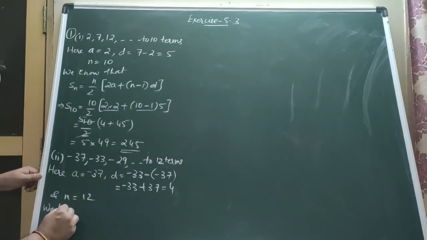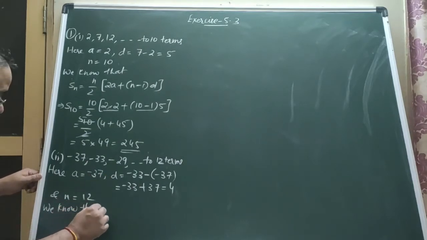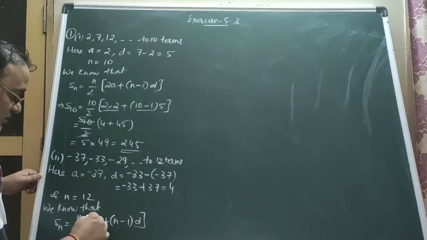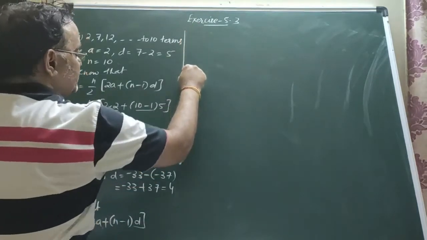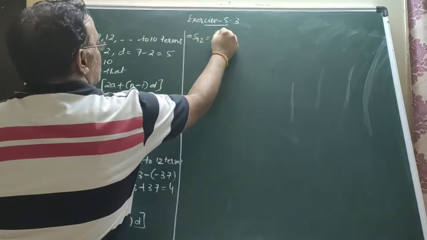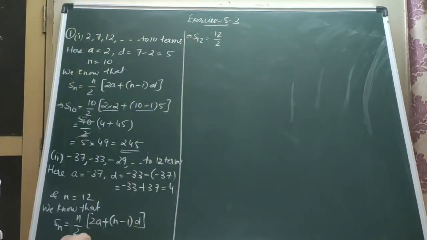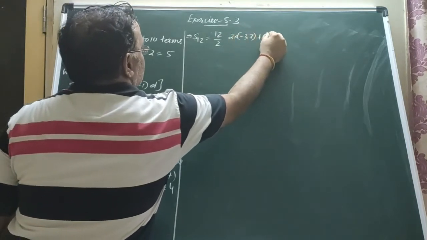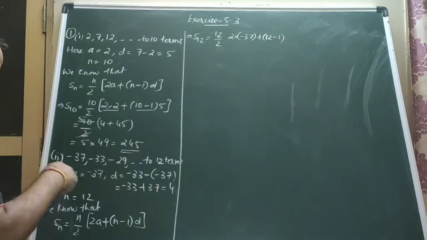So again write the formula. We know that Sn is equal to n upon 2, 2a plus n minus 1 into d. So this is the formula. Now we'll substitute n equal to 12, and 2 into minus 37 plus 12 minus 1 into d, which is 4.